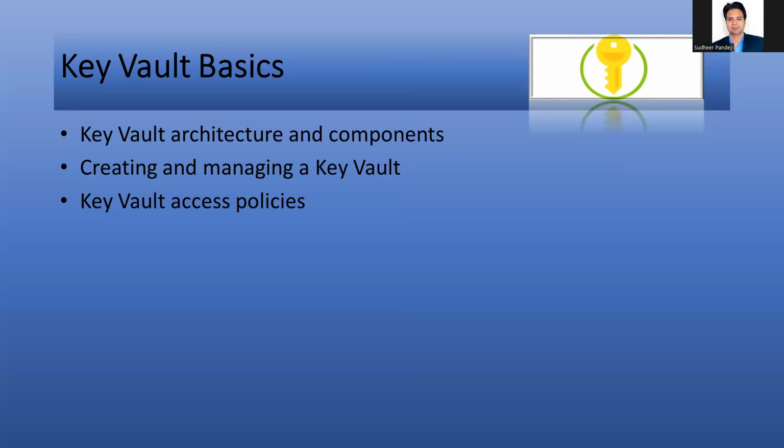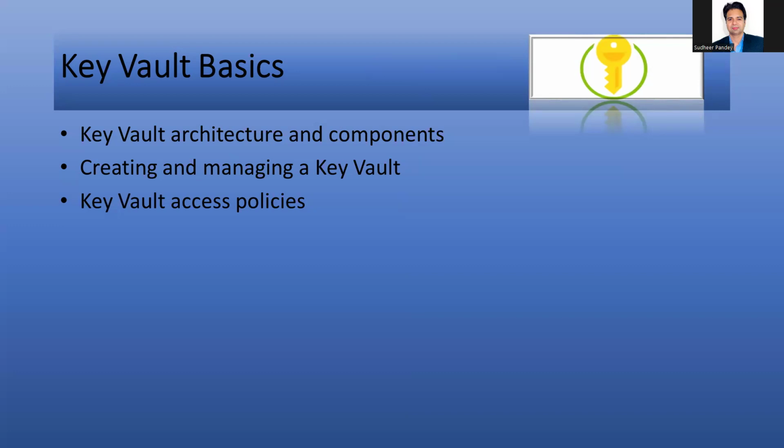If you see here, the key vault architecture components are basically vaults, keys, secrets, and certificates. Certificates are for managing certificates for SSL and TLS encryption. Secrets are all the sensitive information like passwords, API keys, and connection strings.